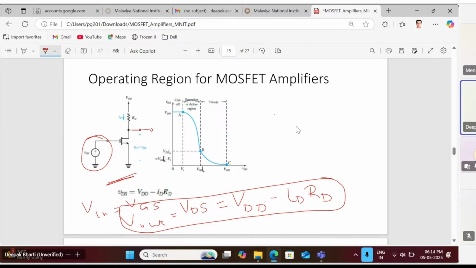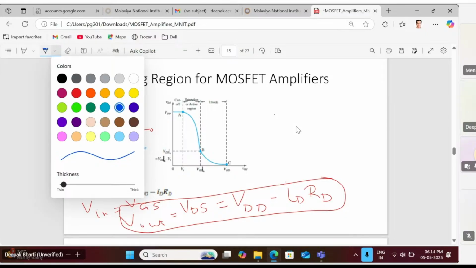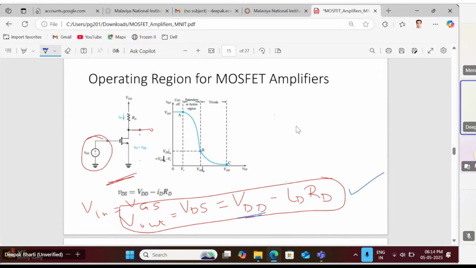So if Vin is 0, the enhancement MOSFET will be in its cutoff state. Since it is in cutoff, the drain current will be 0. And if the drain current is 0, using this equation, V out will be equal to VDD. So you can see that at 0 point of VGS, the value of V out or VDS is VDD.